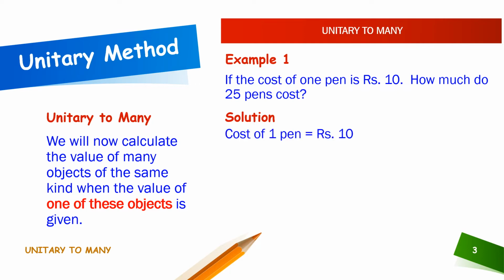We're going to write this as the cost of one pen equals 10 rupees. So therefore, in order to find the cost of 25 pens, we multiply both sides by 25, which equals 250 rupees.